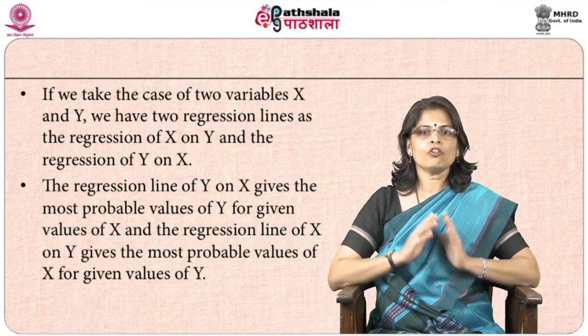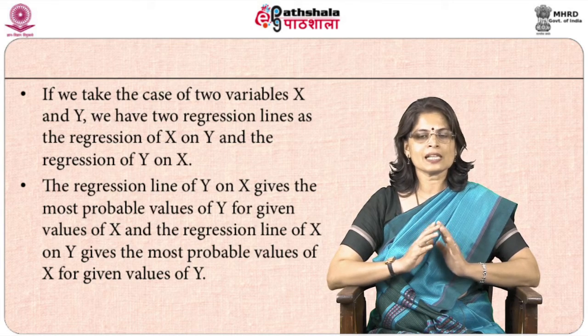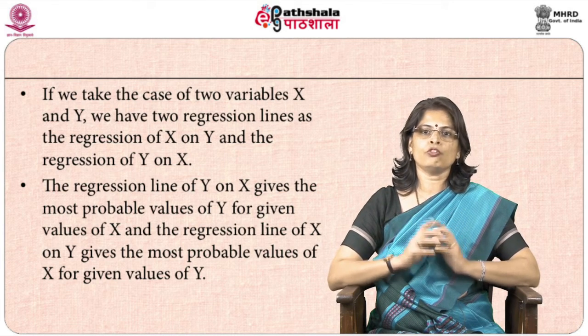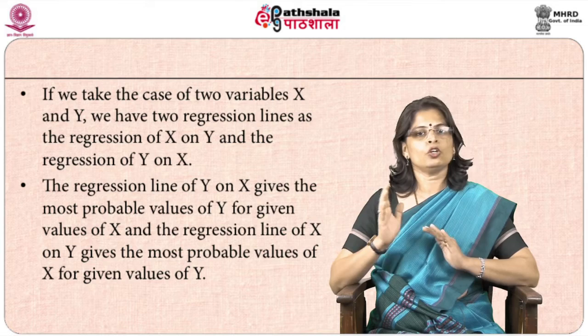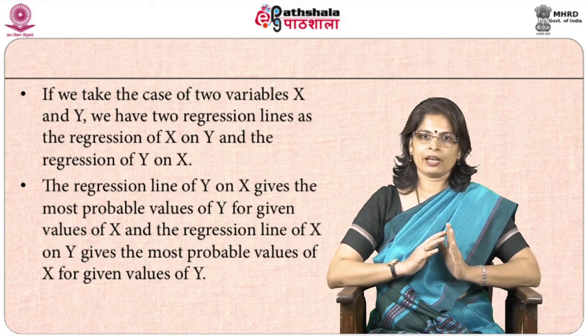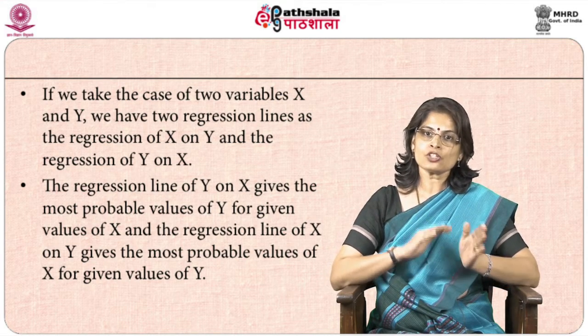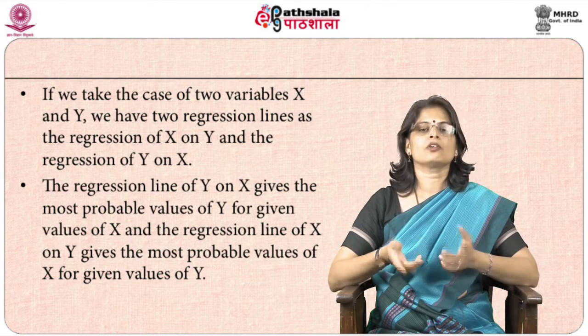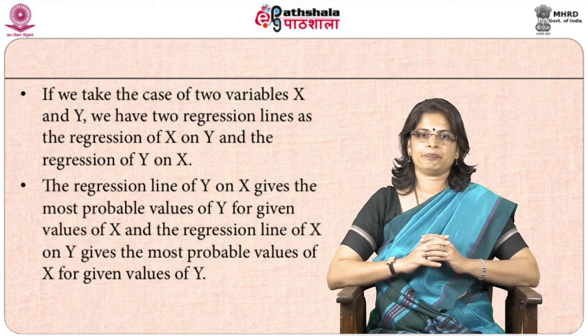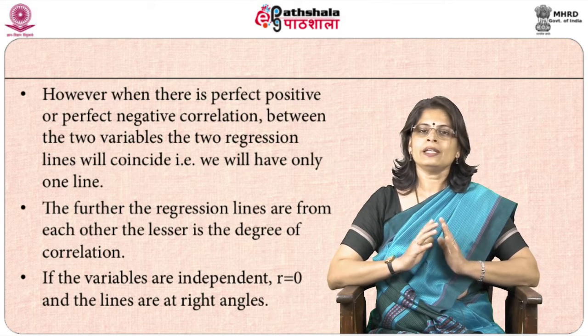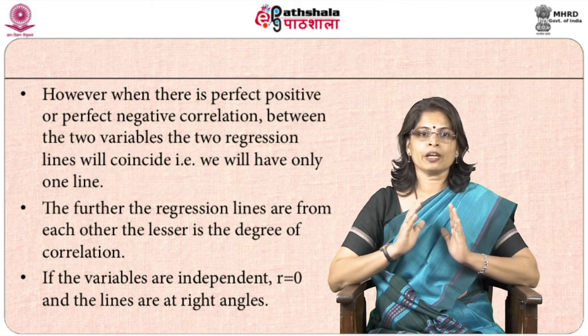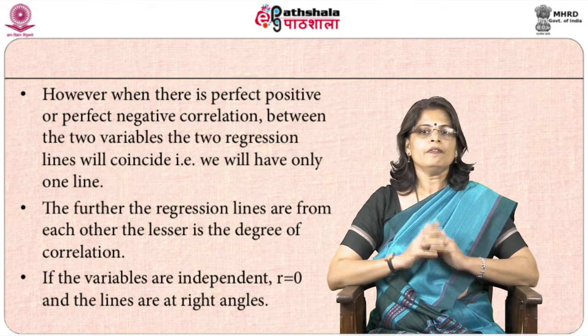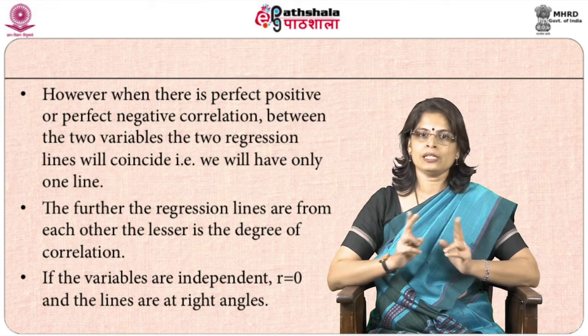The regression line of y on x gives us the most probable value for y for a given value of x, whereas the regression line of x on y gives us the most probable value of x for a given value of y. However, when there is perfect positive or perfect negative correlation, the two regression lines will coincide.